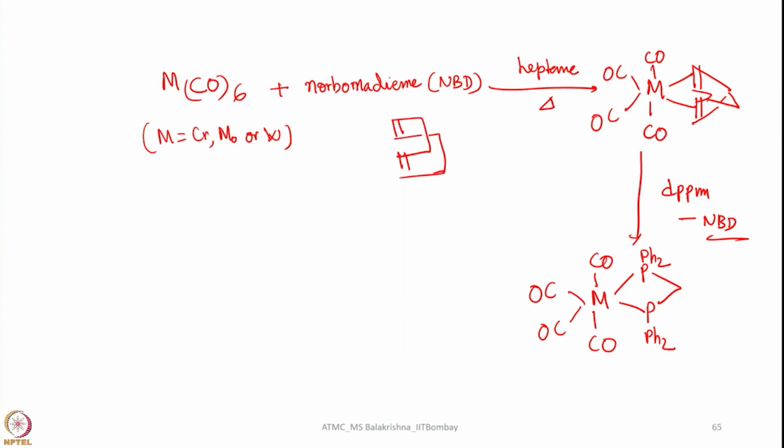This compound is slightly more stable compared to norbornadiene complexes, and again they have a very characteristic smell. Once they are replaced with appropriate ligands, you can smell the liberated diene near the reaction, which also indicates that substitution is going on or is complete.